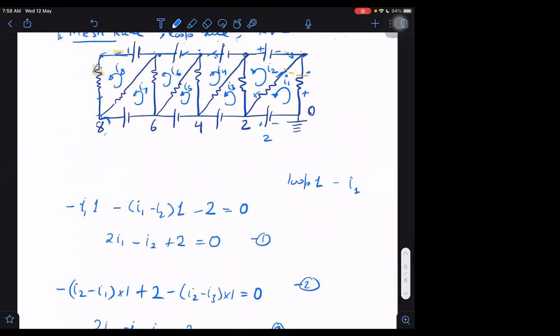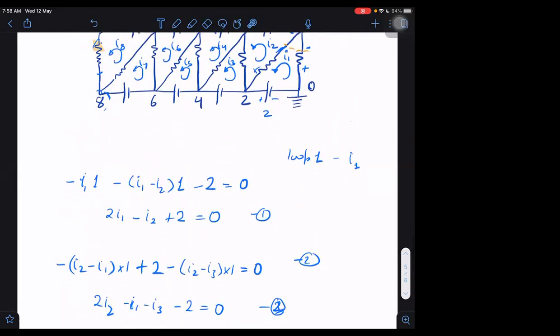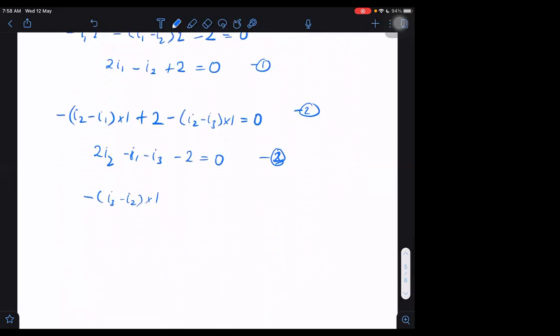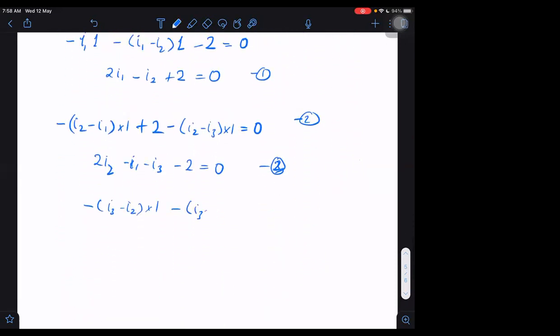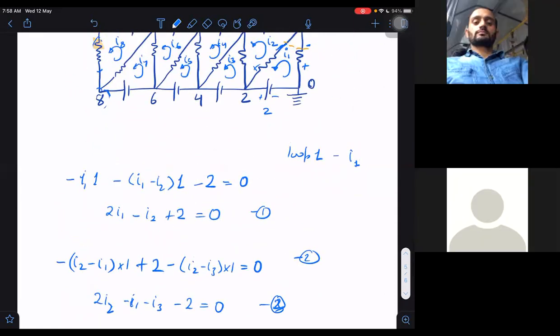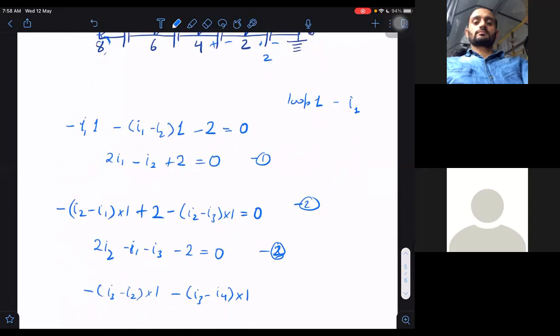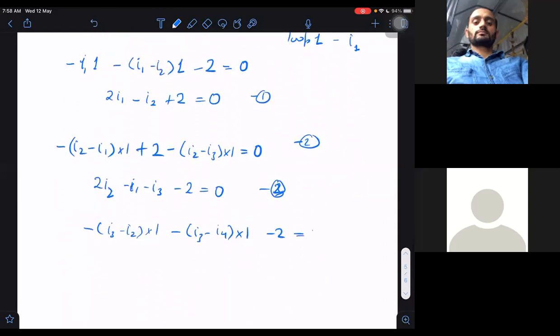Then we go to which place? Minus of I3 minus I4, into 1. Then we get minus 2, plus 2, minus 2, is equal to 0.